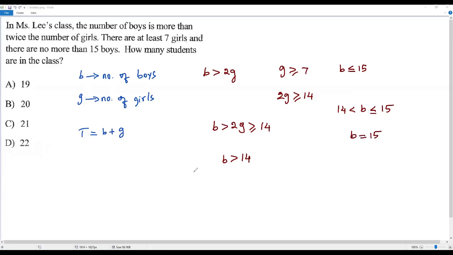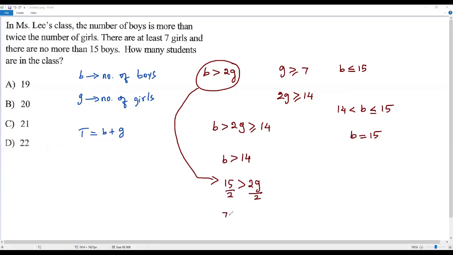Now I got the value of B, that is 15. Now let's find the value of G using this inequality. We can plug in B equals 15, then we get 15 greater than 2G. To solve for G, let's divide both sides by 2.